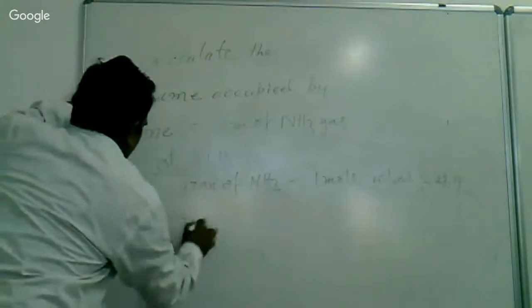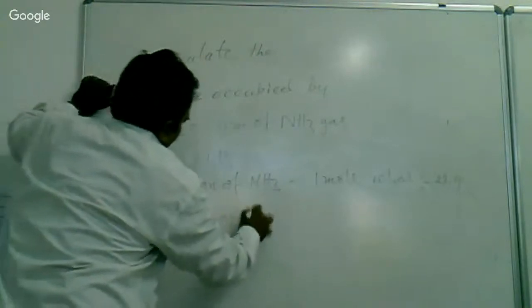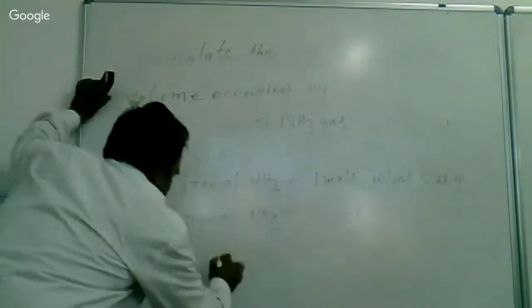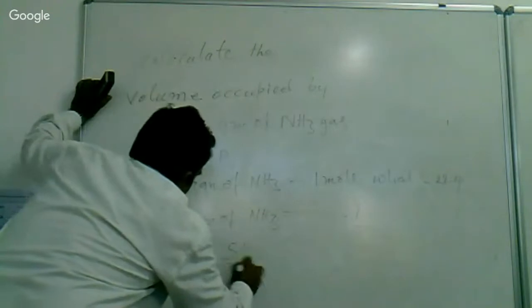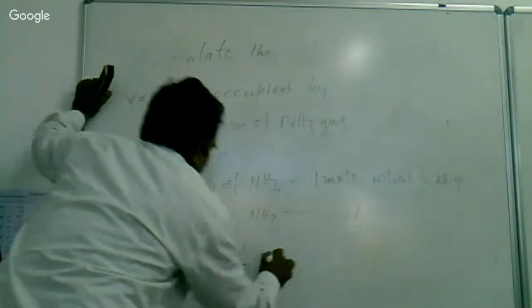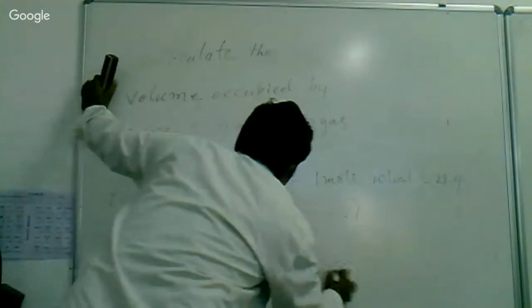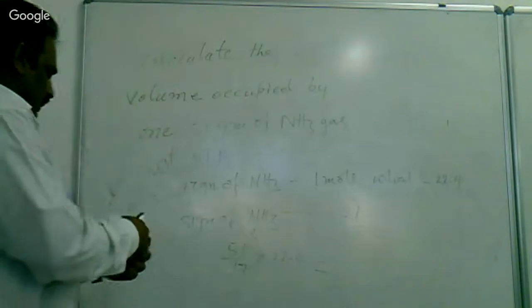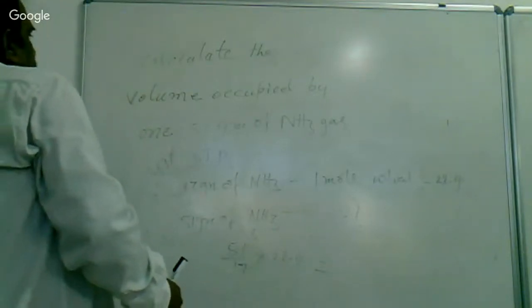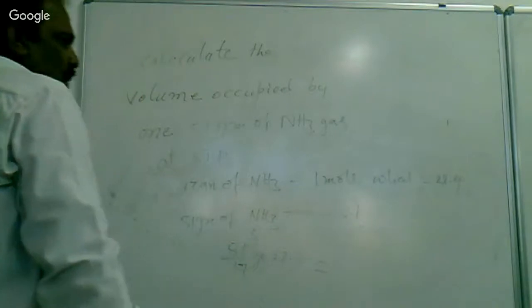Therefore, 51 gram of ammonia occupies how much volume? So 51 by 17 into 22.4 liters. So 3 into 22.4 will give the final volume occupied by 51 gram of ammonia.